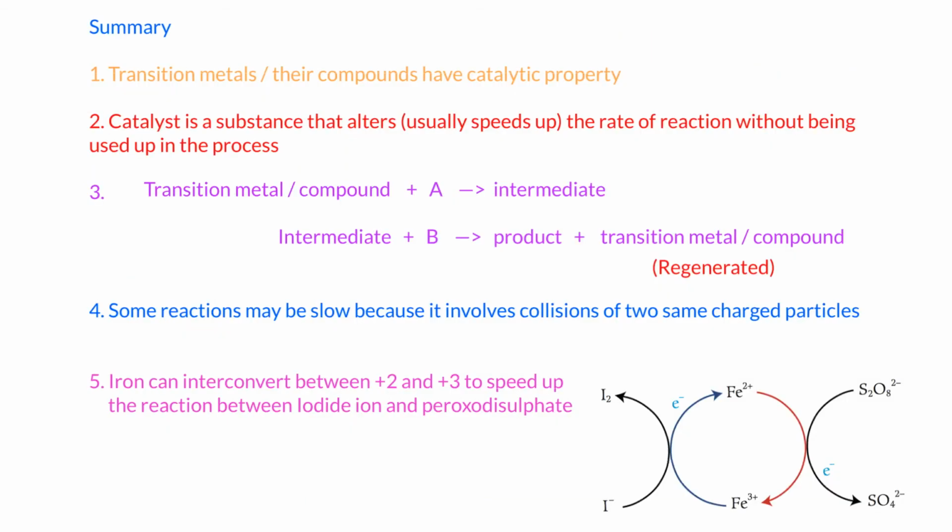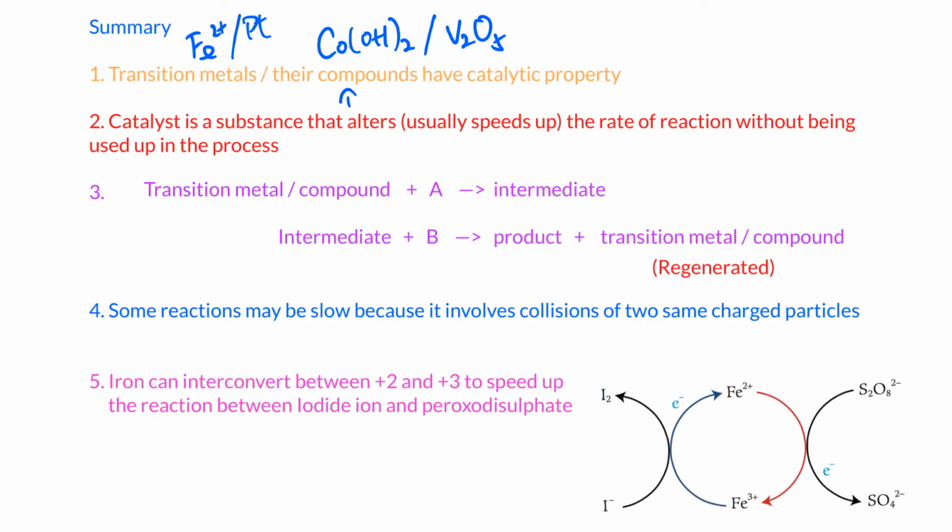To summarize this video, first of all, we know that transition metals or their compounds can have a catalytic process. Compounds, as in the example vanadium pentoxide. The transition metal itself may be Fe2+, which is actually still an ion, or platinum or other things. So they can act as a catalyst. You have to know that catalysts involve 2 features.